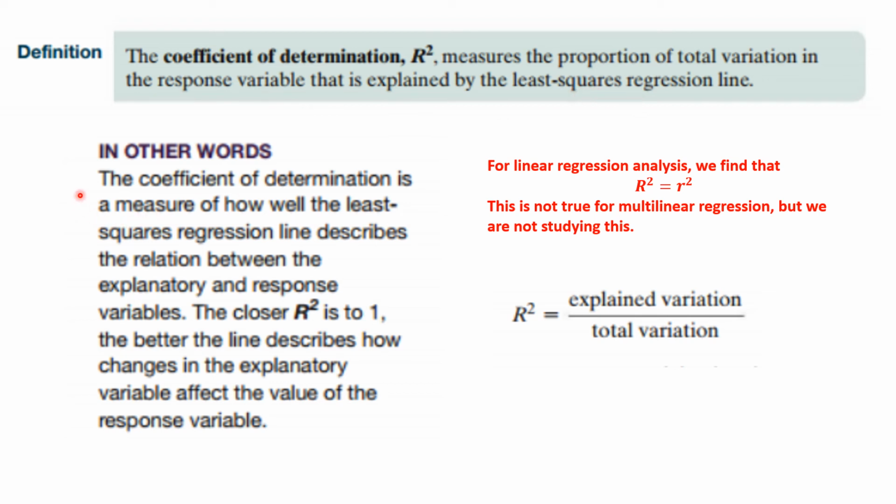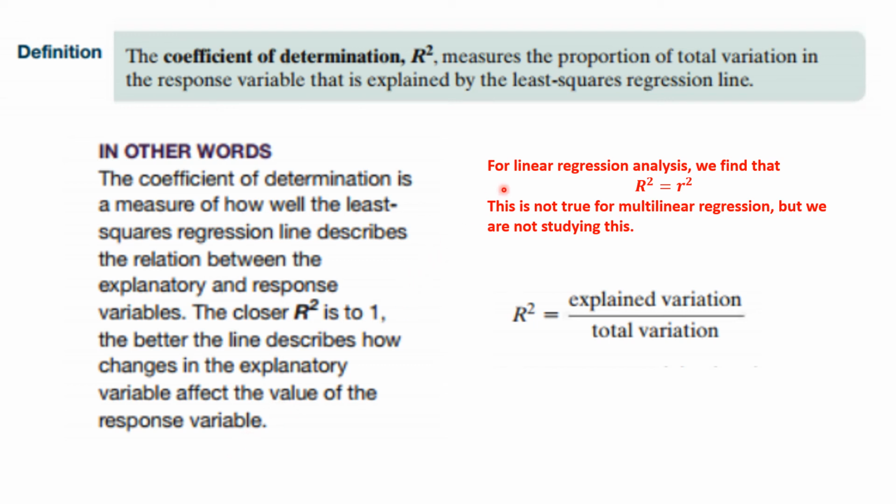In other words, the coefficient of determination is a measure of how well the least squares regression line describes the relation between the explanatory and response variables. The closer R squared is to 1, the better the line describes how the changes in the explanatory variable affect the value of the response variable.